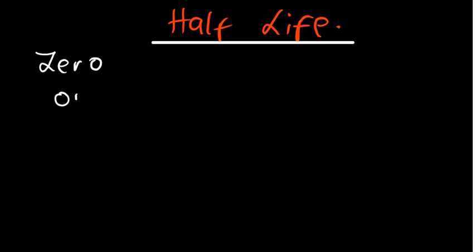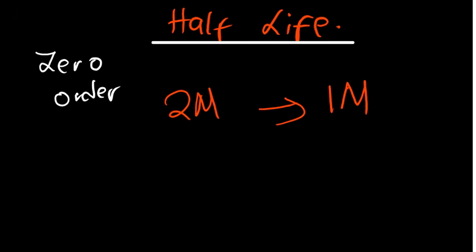How do you calculate the half-life? I believe we know that the half-life is actually the time that is taken to reduce the concentration or mass of a substance by half. So if you have 2 molar concentration, the time that it is going to take for it to reduce to its half, that is going to be what we are going to call the half-life.